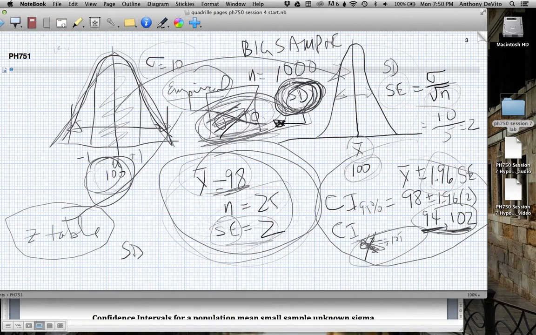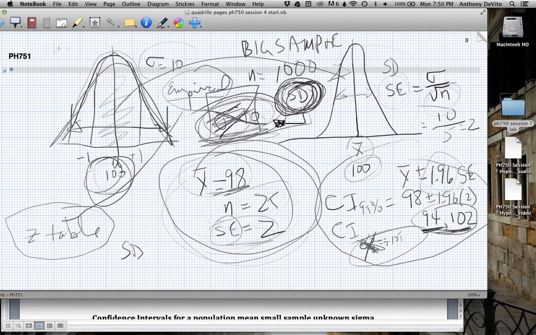The t-score, which we use when we have a small sample instead of the z-score, the difference is very small once you get to 30. The difference between the t-score and the z-score gets smaller and smaller as the size of the sample increases. And when the sample size is infinite, they're exactly the same. You guys don't have to know that. We're going to talk about that later on.